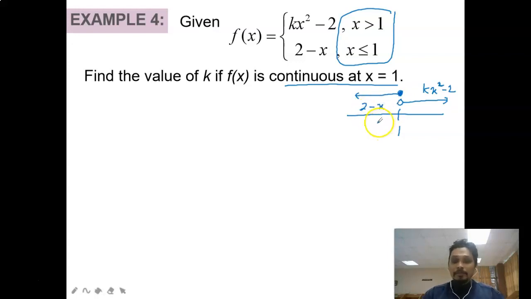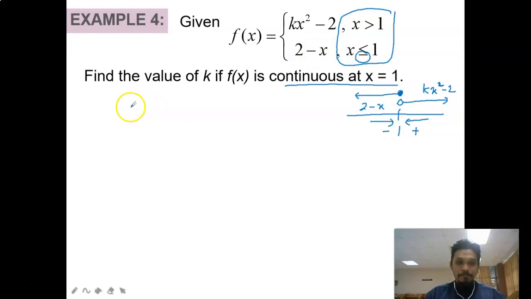Okay, so now just imagine x approaching to 1 from the left side and x approaching to 1 from the right side, and x equal to 1 for the function of 2 minus x. Okay, here.